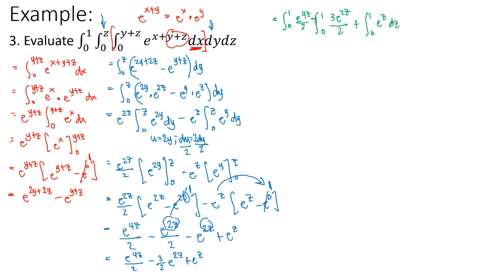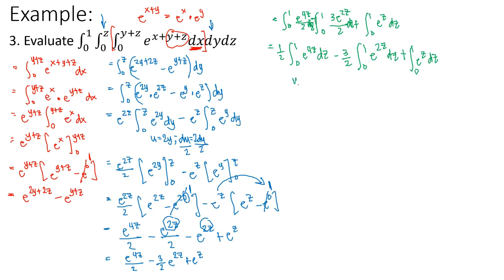Then we have the dz for all the terms. Sorry, forgot to write it. So we can put 1 half outside because it's constant. We have e raised to 4z dz, minus 3 halves, 0 to 1, e raised to 2z dz, plus e raised to z dz from 0 to 1.